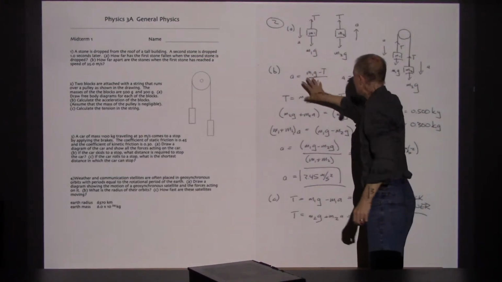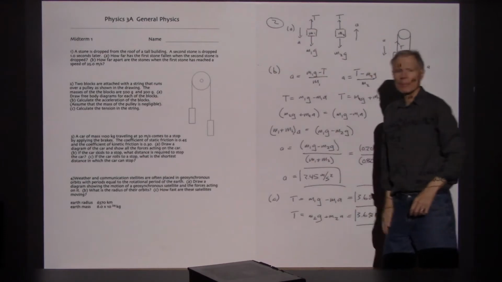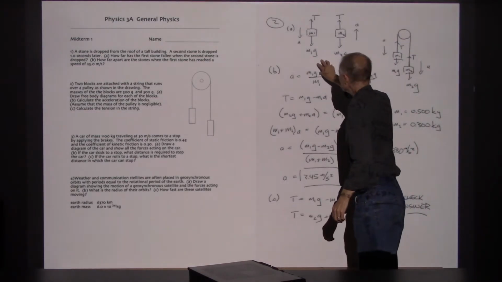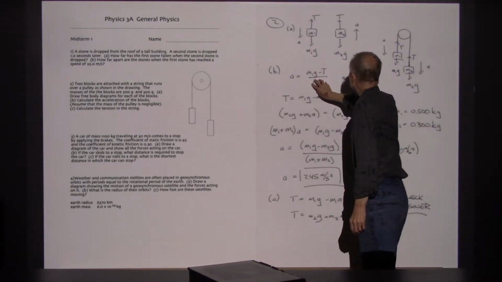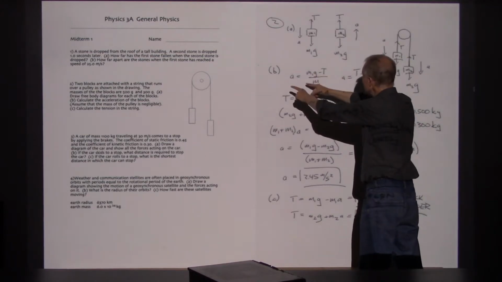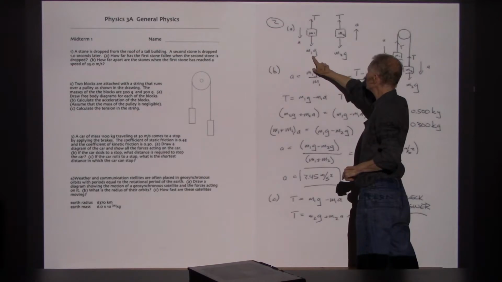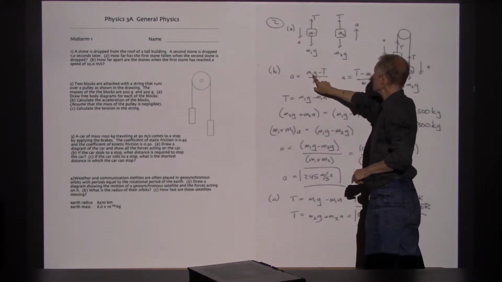Now, the standard formula that we always come back to is acceleration is determined by the net force divided by the mass. So for object 1, the acceleration is in the direction of m1g, so that gets the plus sign.